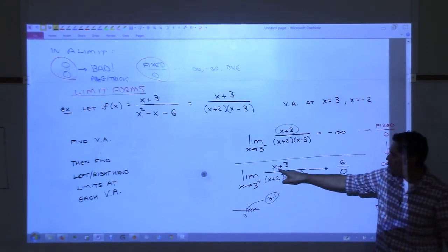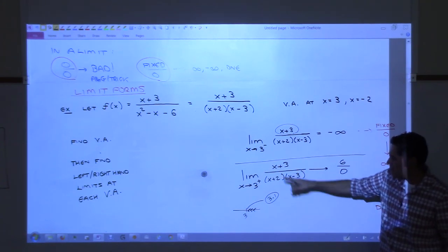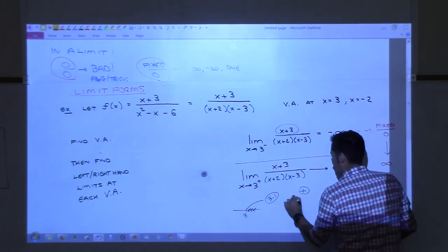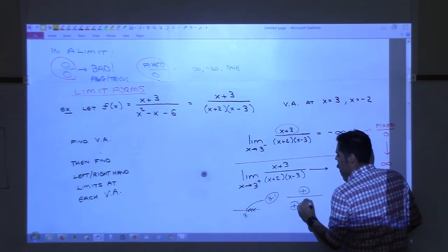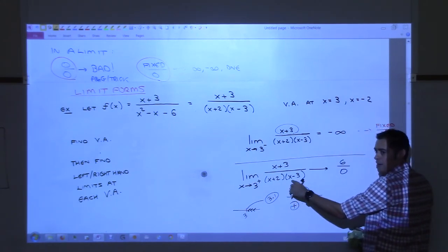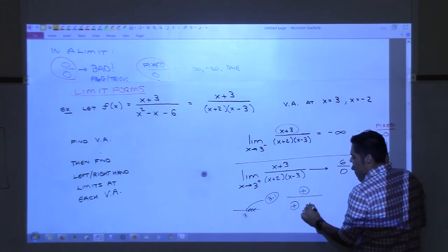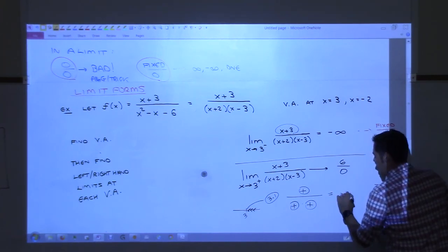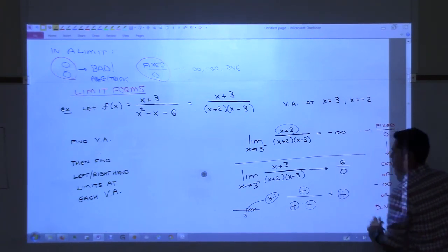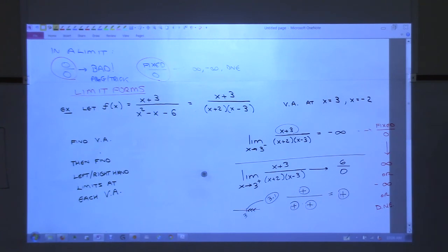If I plug 3.1 in here, I get positive. In here, positive. And this time when I plug 3.1 in here, I get positive. And if you have a ratio of all positives, your answer is going to be positive. And therefore, it can only be positive infinity.